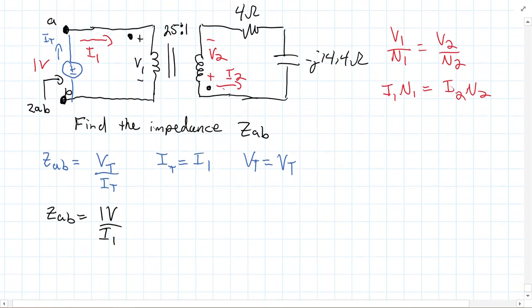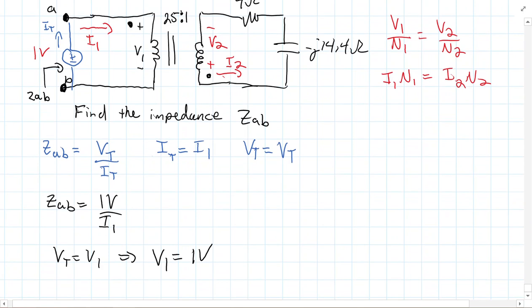Okay, well, we basically use these equations here. So we know here, well, for instance, we know that V test is equal to V1. So this gives me that V1 is equal to 1 volt. And now we're just going to do a lot of equation substitution here. It looks like it should be a difficult problem, but it's not. I'm going to look at this equation here, because if I know what V1 is, I can figure out V2 easily.